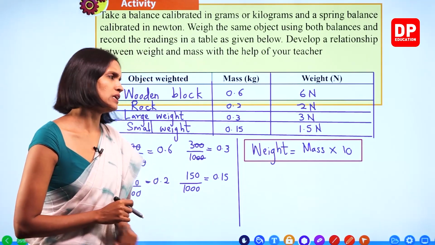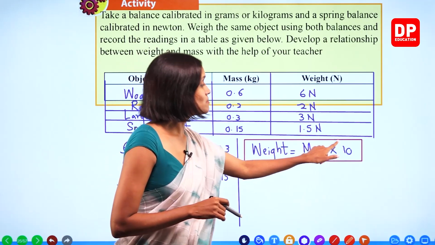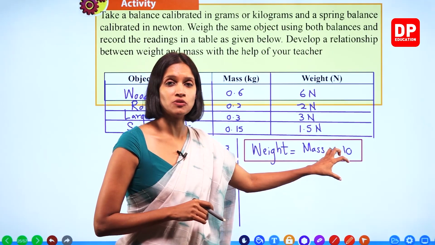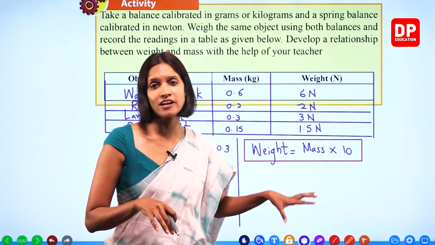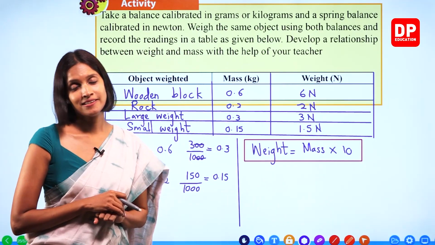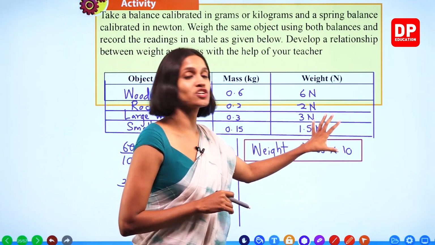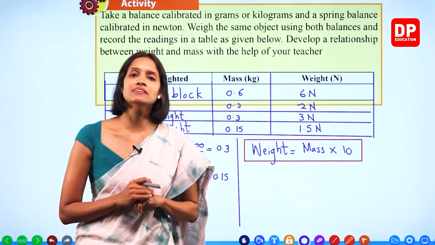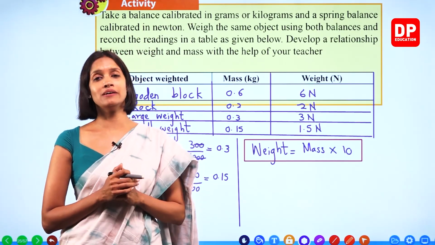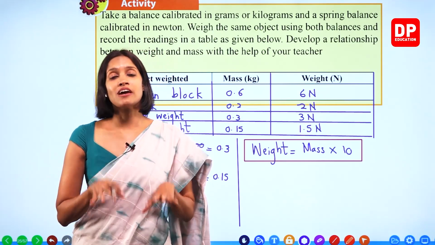But actually, what is this 10, children? This 10 means the gravity, or we can say gravitational acceleration, very simply gravity of Earth. Gravitational acceleration on Earth. Now we all know when you consider the Earth and all the other planets, there is a type of force called gravity.